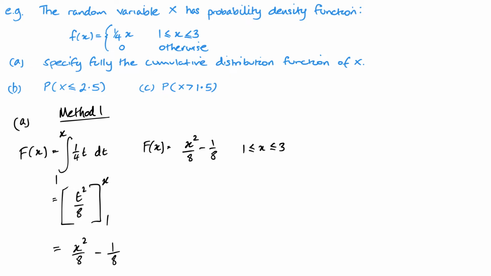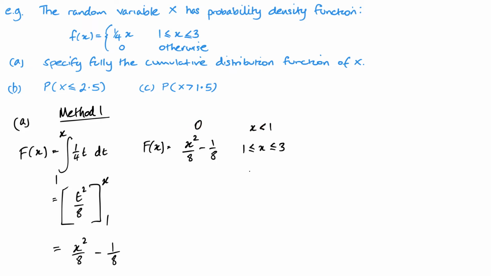But what I also need to show is that because this is cumulative, anything that happens before 1, before this lower limit, is going to have a probability of 0. Yeah, so that will be x is less than 1. Because this is between 1 and 3, including 1 and 3, so less than 1 is going to have a probability of 0.